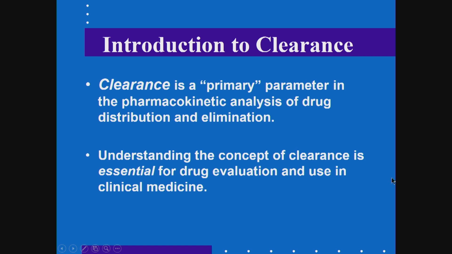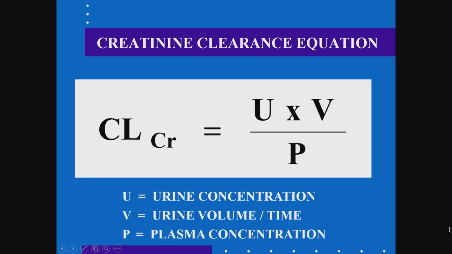So now let's discuss clearance as a primary parameter in pharmacokinetics. And of course, we need to understand clearance in the context of drug evaluation and use in clinical medicine. Now this is the traditional creatinine clearance equation that you learn in your physiology courses that describes the clearance of creatinine.